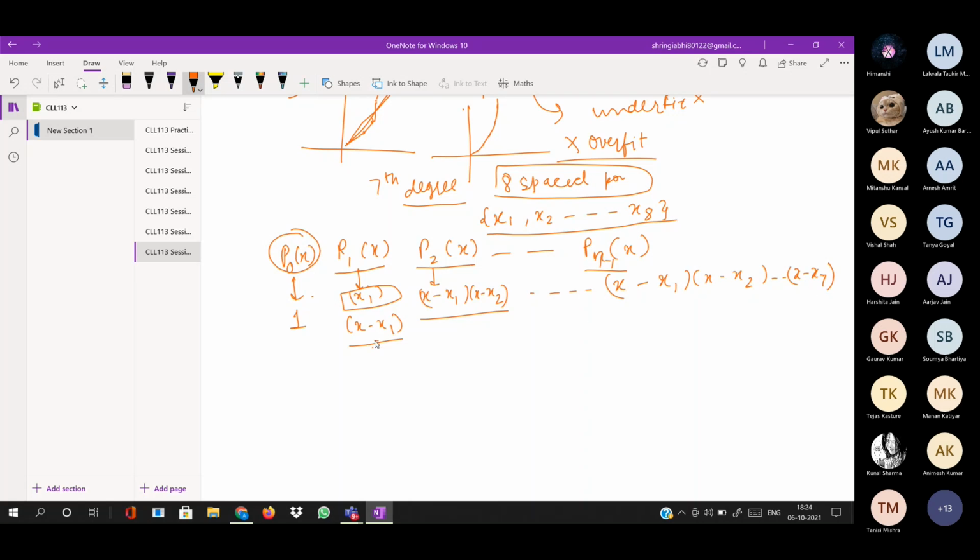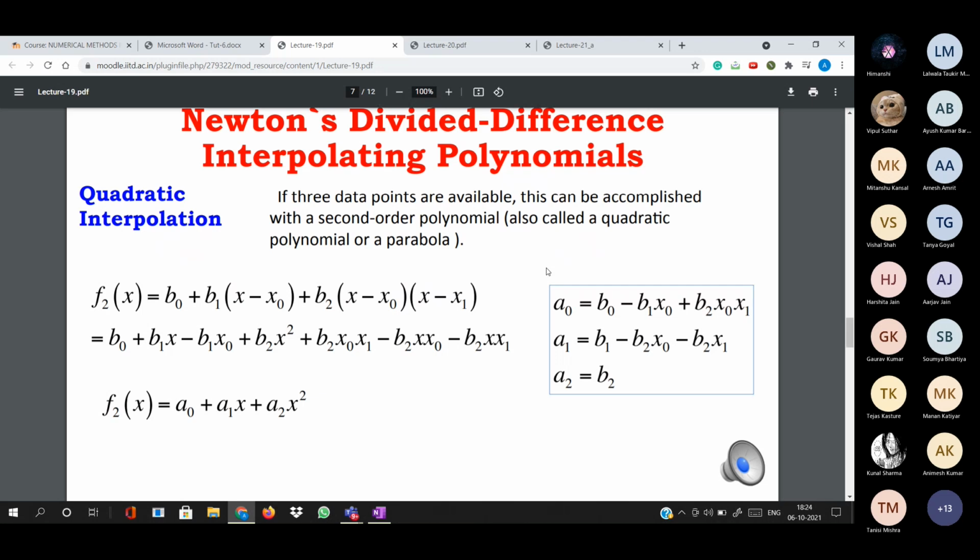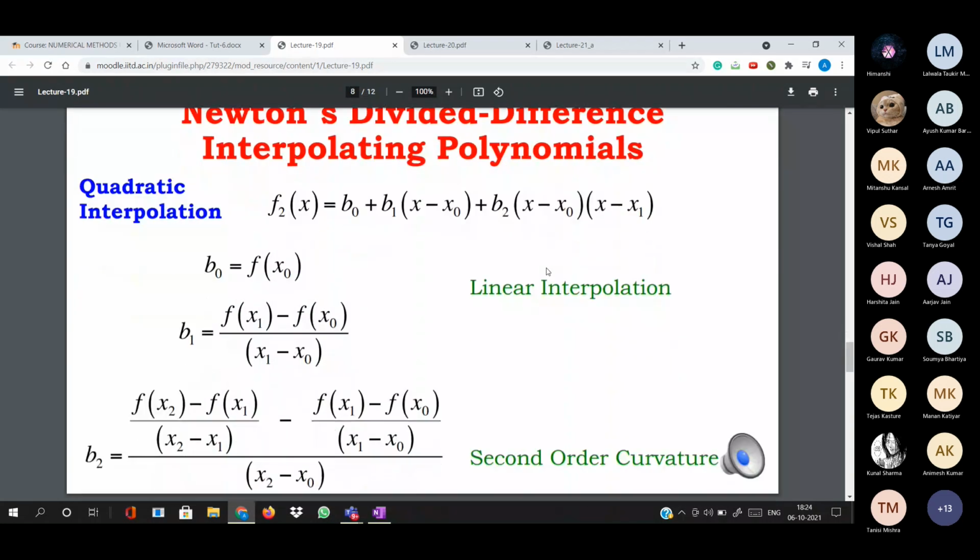Now these are the polynomials. Now you have to find the coefficients of these so that this becomes equal to f(x), isn't it? Now, how are we going to find the coefficients? That's the whole question.